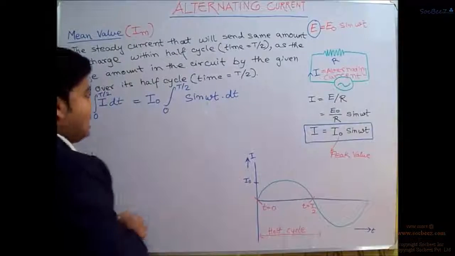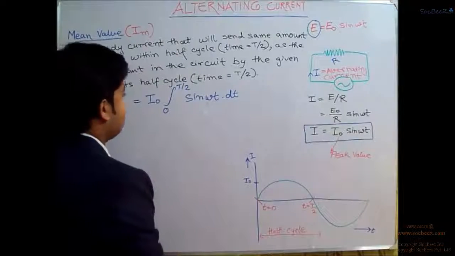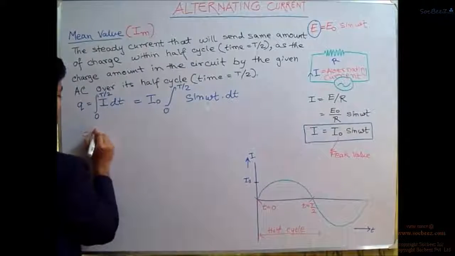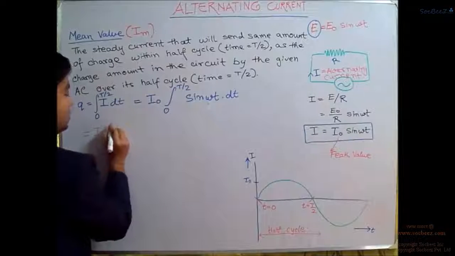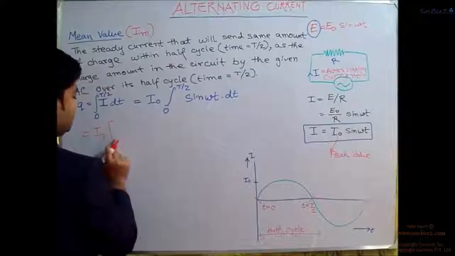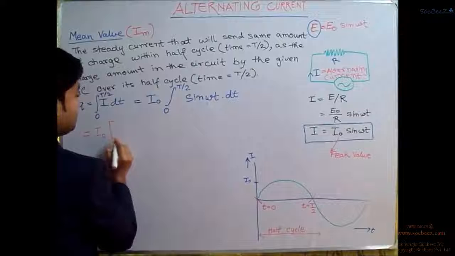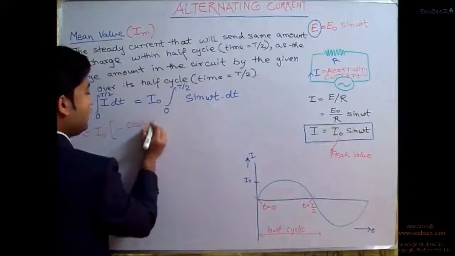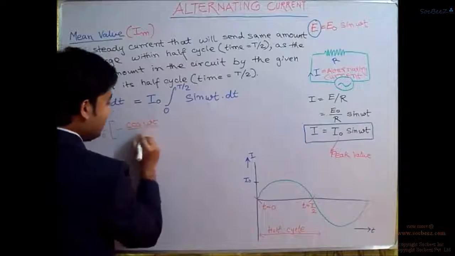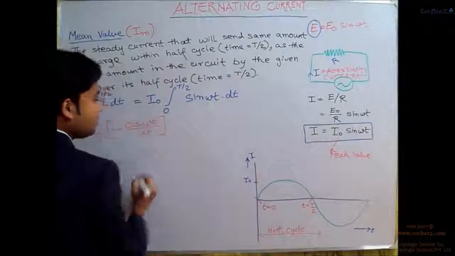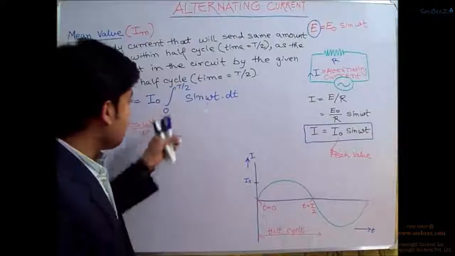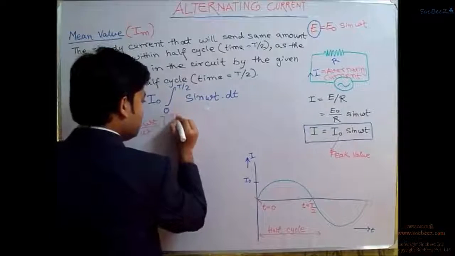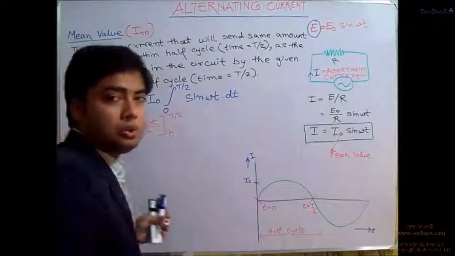So we can write this equation as I naught multiplied by minus cos omega t divided by omega. And what will be the limits? From 0 to T by 2, right?